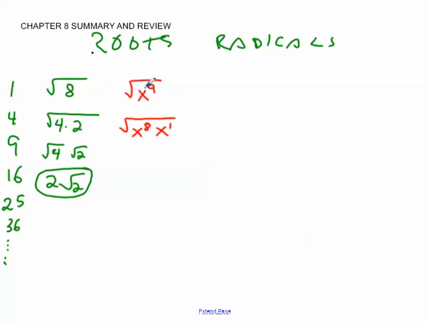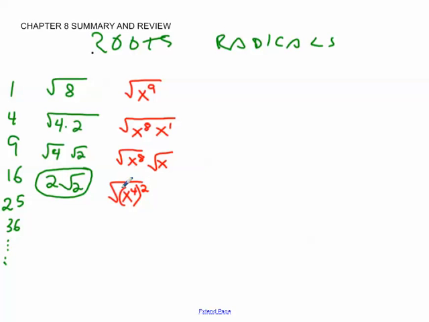So we've just rewritten x to the 9th, and that's all we've done. Now we can rewrite this as square root of x to the 8th times square root of x to the 1st, which is just square root of x. And now x to the 8th is a perfect square. If we're looking for a perfect square out of x to the 8th, divide that 8 by 2, and we get x to the 4th as our base of a perfect square.